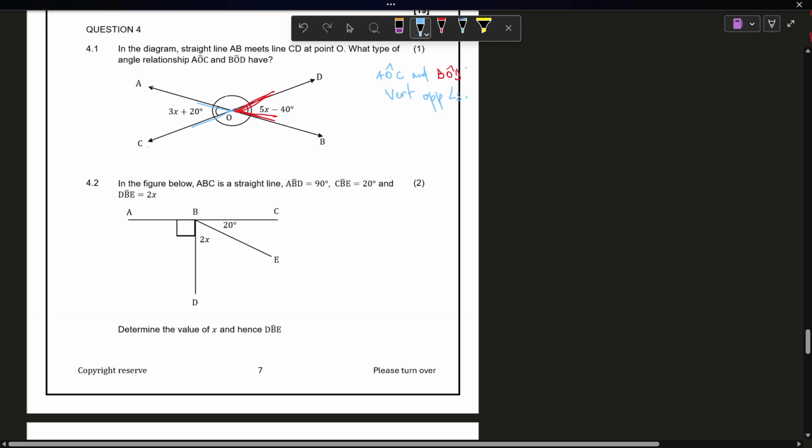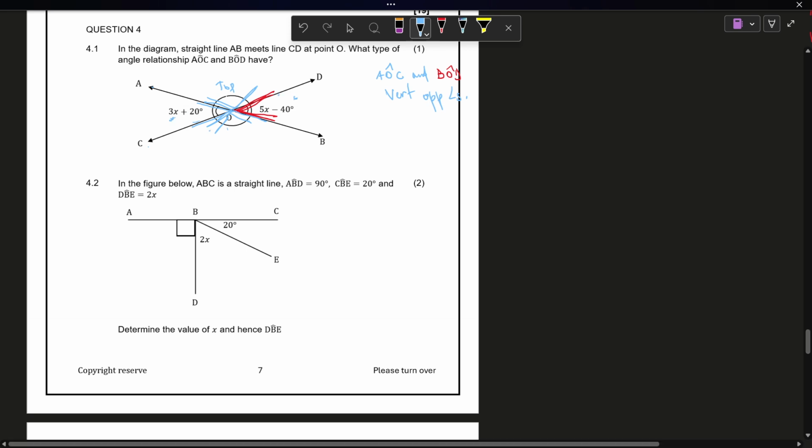So remember, the name vertically opposite comes from the fact that this angle here and the one at the bottom, the top and the bottom here, are vertically opposite, right? But if you rotate this drawing, this will become the top and this will become the bottom.